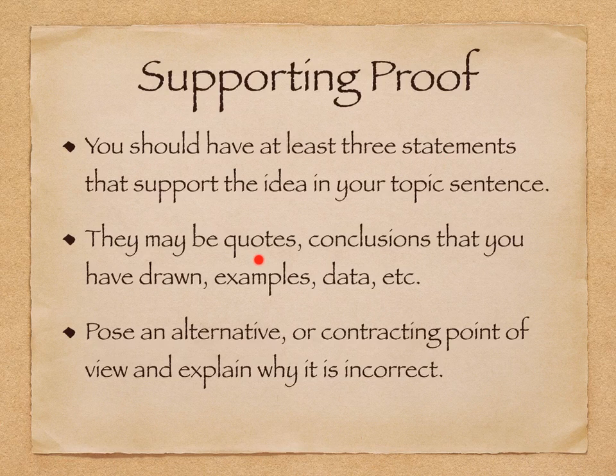They may be quotes, they may be conclusions that you've drawn, examples, data, anything like that. Another idea is to pose an alternative or a contrasting point of view and explain why it's incorrect. So if somebody would disagree with me, I have to explain why they would be incorrect in disagreeing with me.